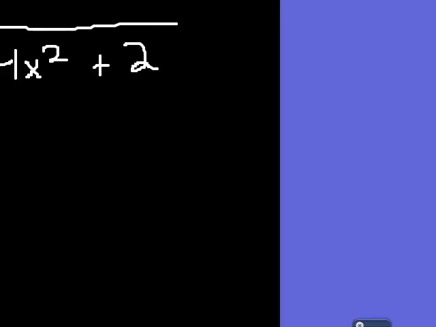Okay, 3x cubed minus 4x squared plus 2 divided by x squared plus 2x plus 3. Go ahead and do the problem on your own. Pause the recording. Work out the problem. When you have your solution, hit the play button again, and I'll work out the problem for you.